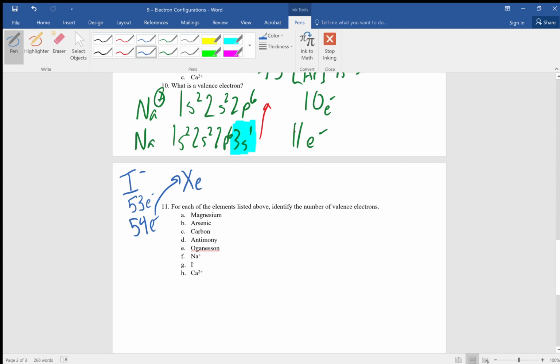And then finally, the last one of that group is calcium 2+. So calcium has 20 electrons. So if it's a +2 charge, then we're going to be down to 18 electrons.